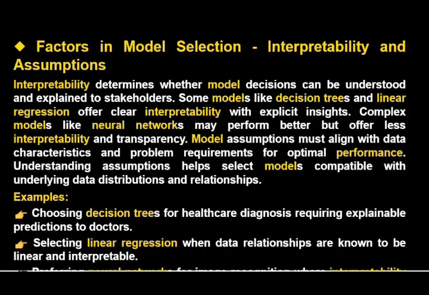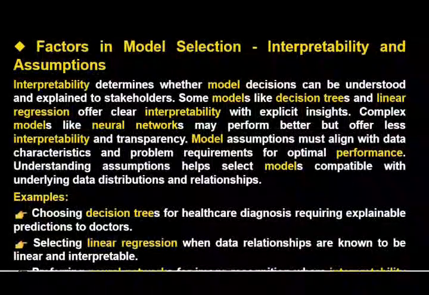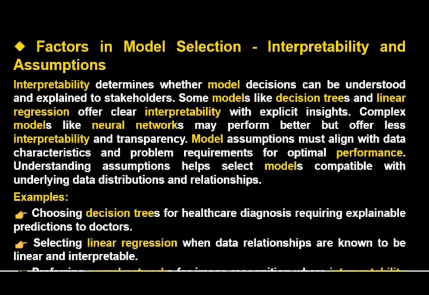Next one, factors in model selection: interpretability and assumptions. Interpretability refers to how easily we can understand model decisions. Some models are highly interpretable, like decision trees, and some are less interpretable, like neural networks. Model assumptions must also match data characteristics.